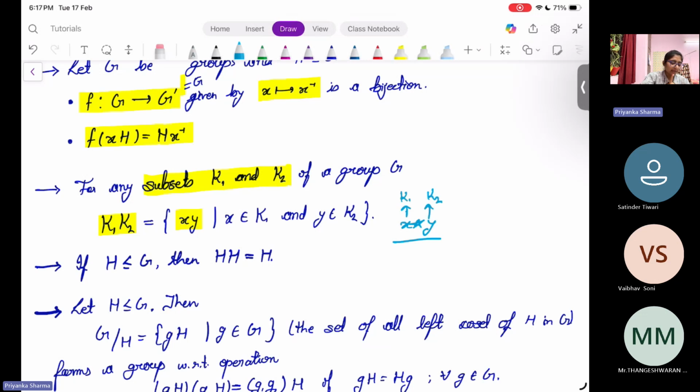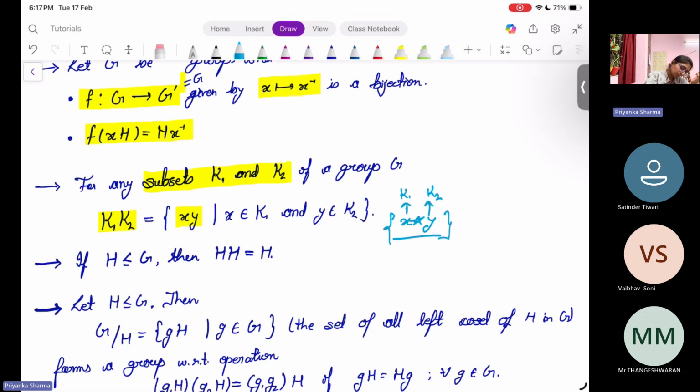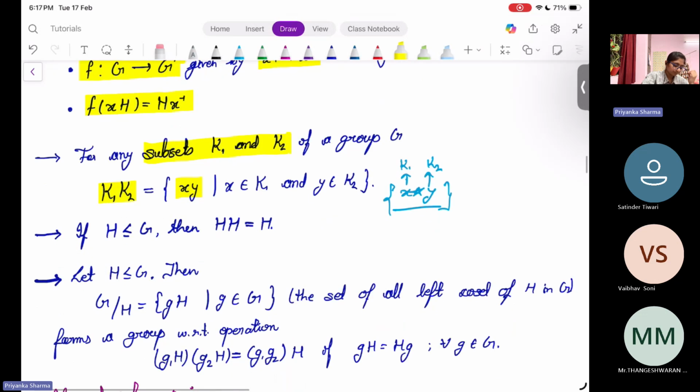So we take care of the order, K1 and then K2. First we take an element x of K1, then another element y from K2, and we consider x star y, where star is the group operation. If we collect all these elements, we get the product K1K2.